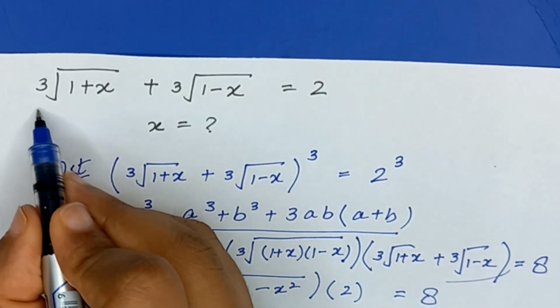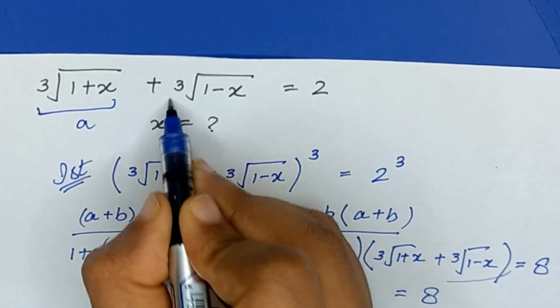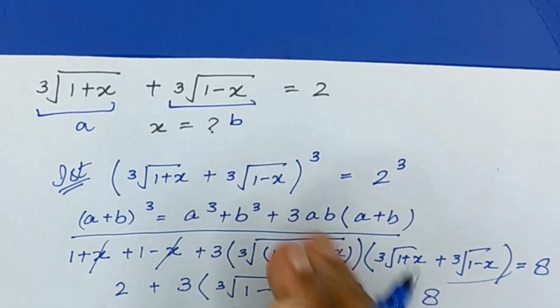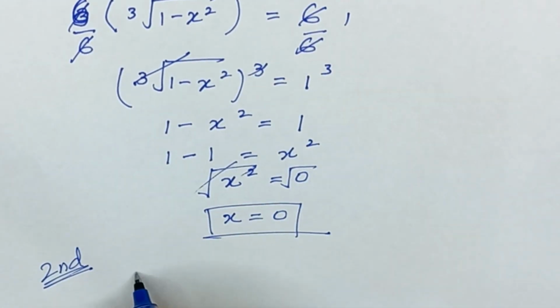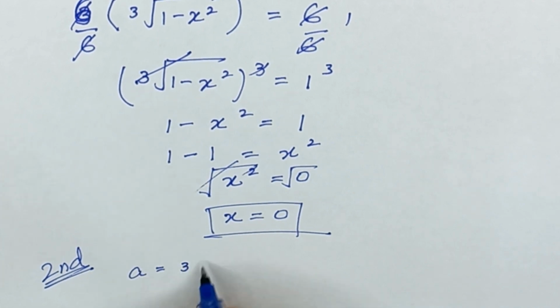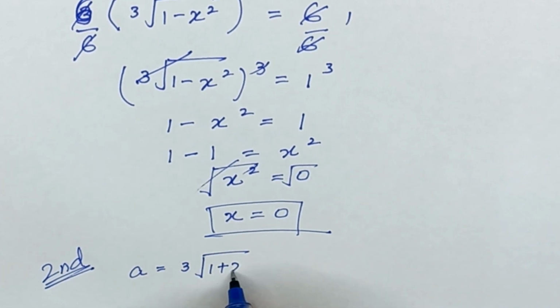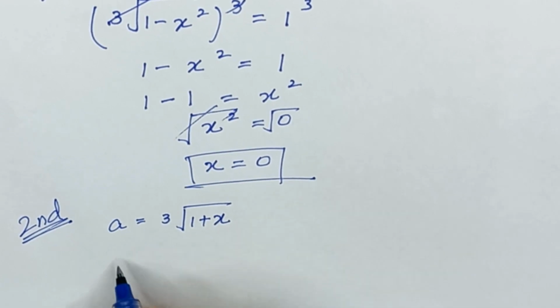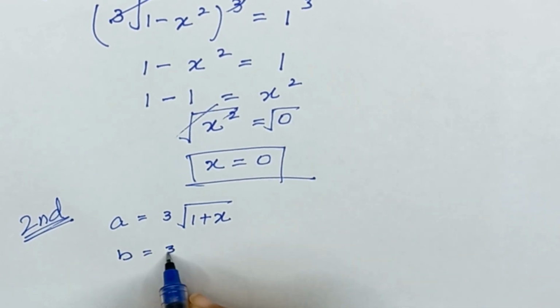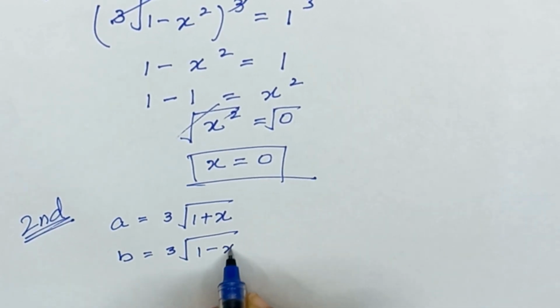if I take this term as a and this term as b, so a is equal to cube root of 1 plus x, and b is equal to cube root of 1 minus x.